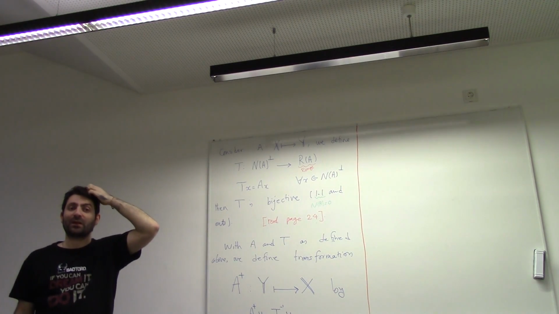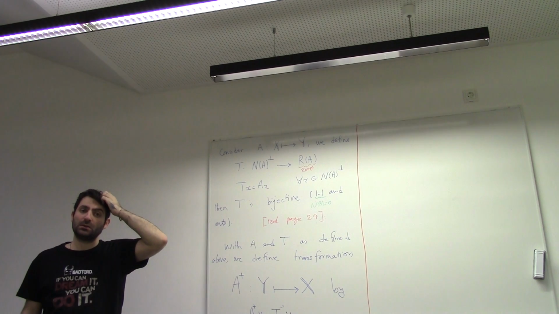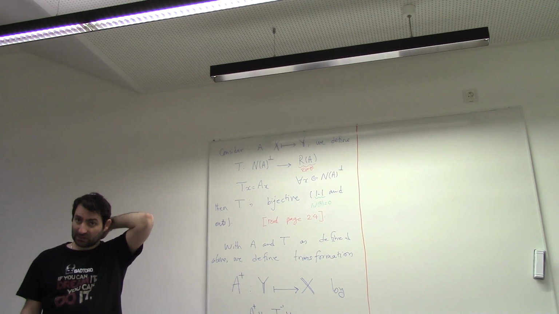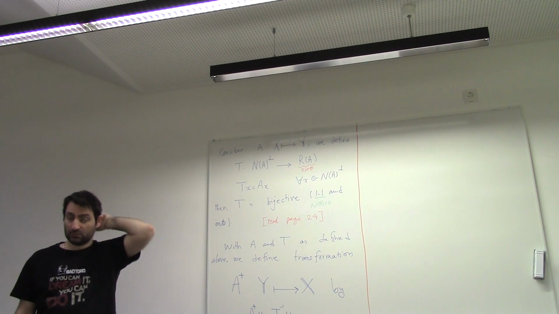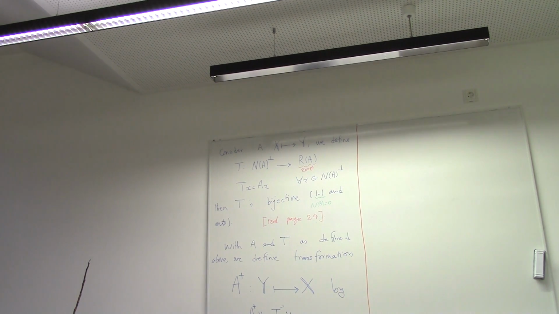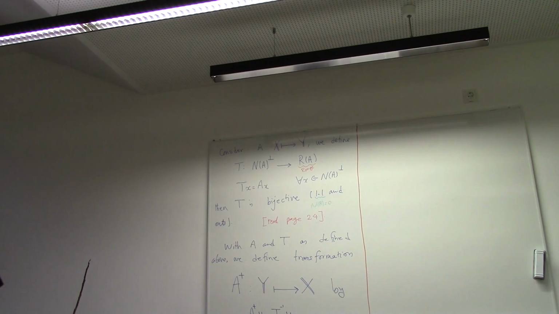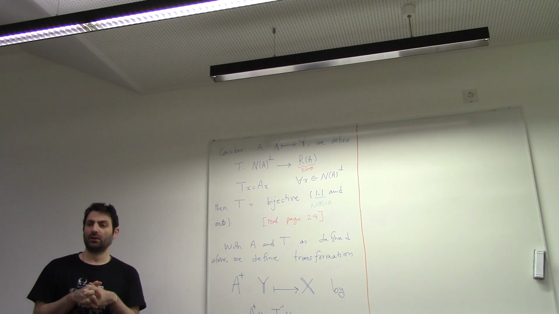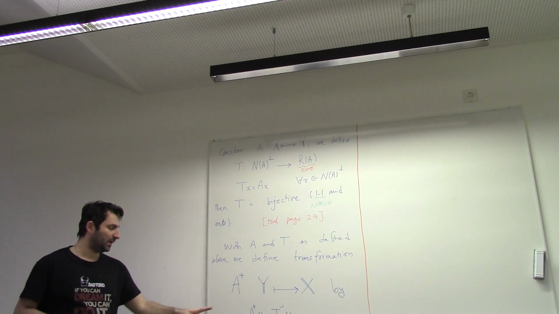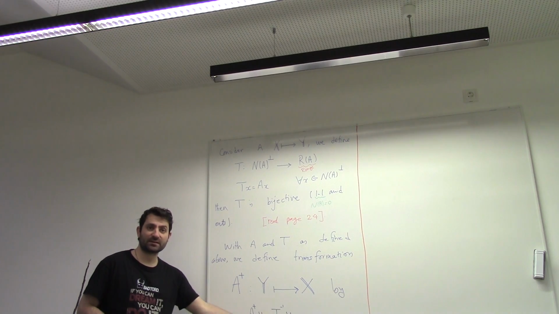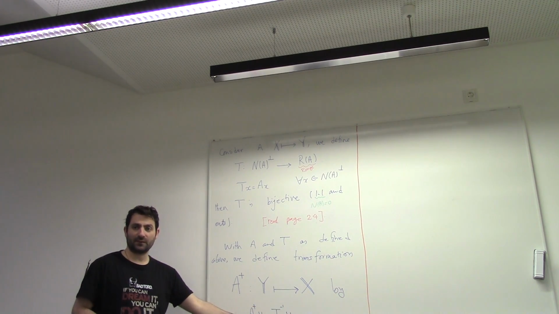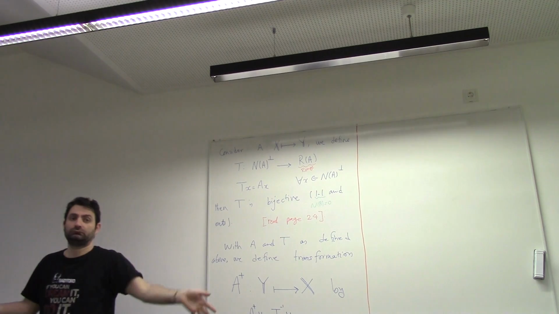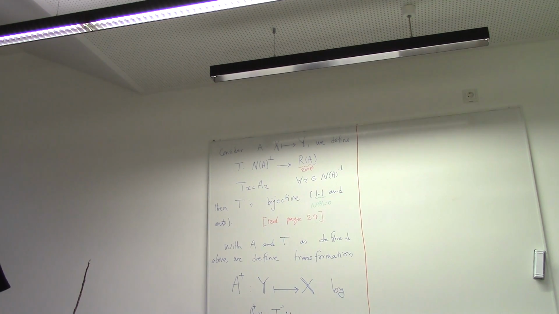What does it mean if it is one-to-one and onto? It has one very important property that we knew from before: it has an inverse. Whereas A, we don't know. It has a pseudo-inverse, but we don't know if it has an inverse or not.